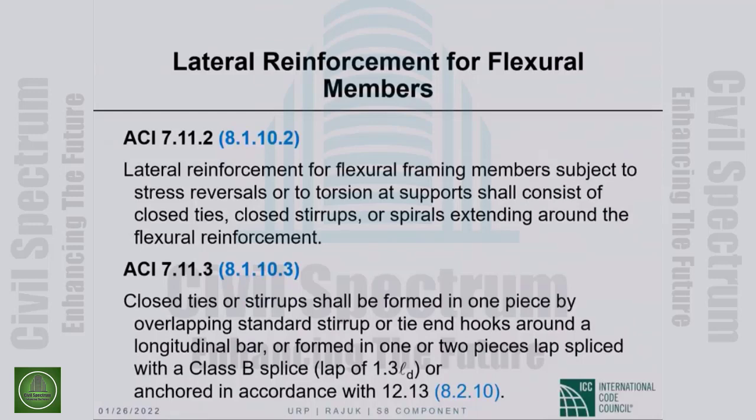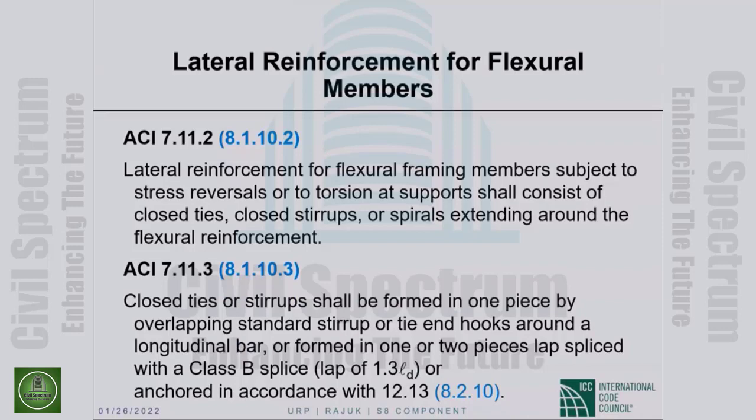Lateral reinforcement for flexural framing members subject to stress reversals or to torsion at supports shall consist of closed ties, closed stirrups, or spirals extending around the flexural reinforcement. So torsion requires closed transverse reinforcement, as we have seen. And the same thing is true of stress reversals.